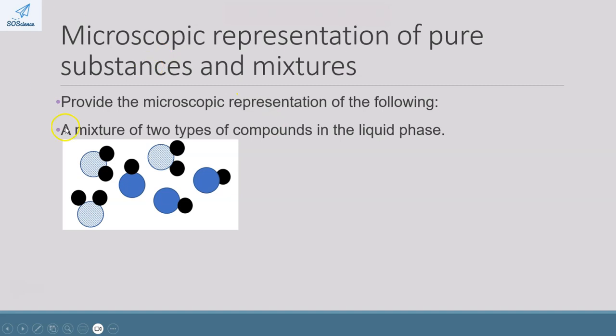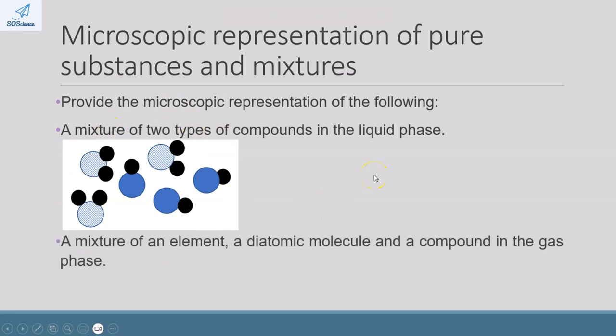So here I've got one compound, and here I've got another compound. So I've got two types of compounds because this is made up of two types of atoms, and this is made up of two types of atoms. So both of these substances that I've drawn here represent compounds. And again, based on the arrangement, they're in the liquid phase.